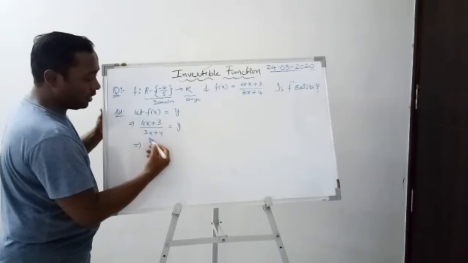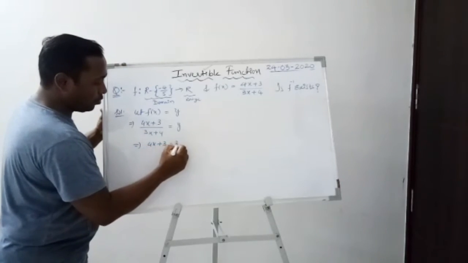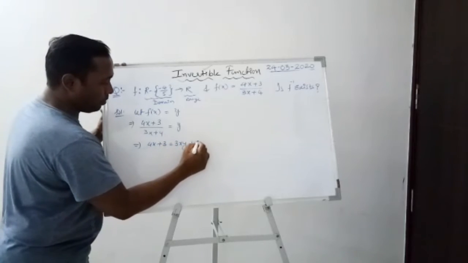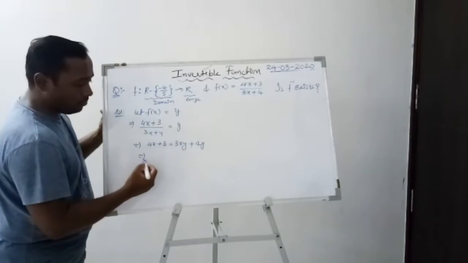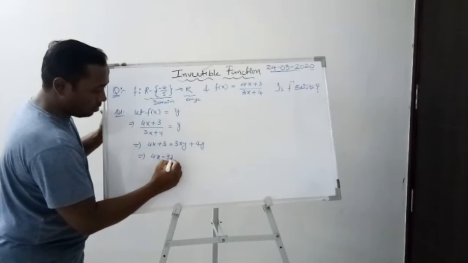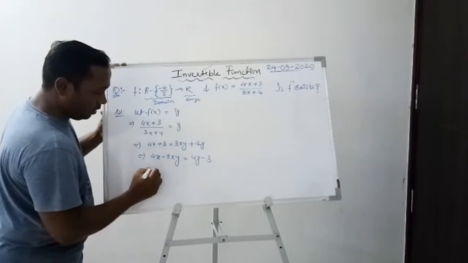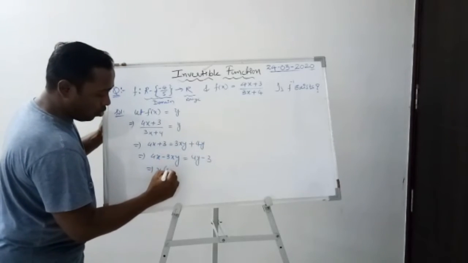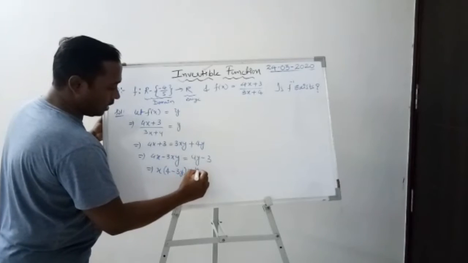How can we solve for x? By doing the simple cross multiplication method. So it would be 3xy plus 4y, and then group the x terms on one side and the other terms on the other side. It would be 4y minus 3. You can take x as a common factor, 4 minus 3y is left.